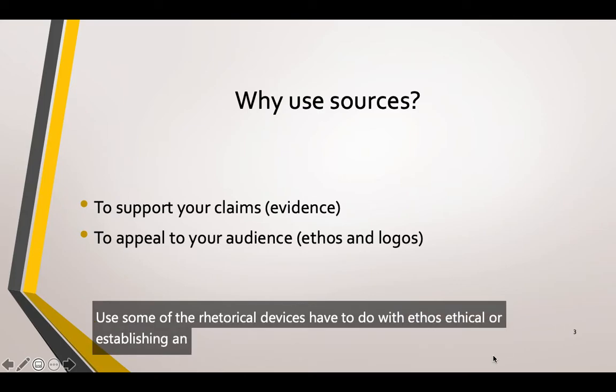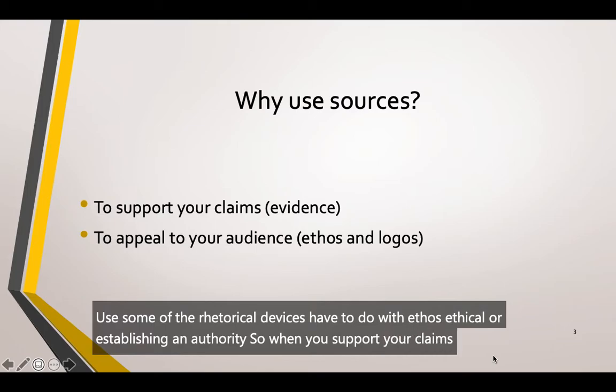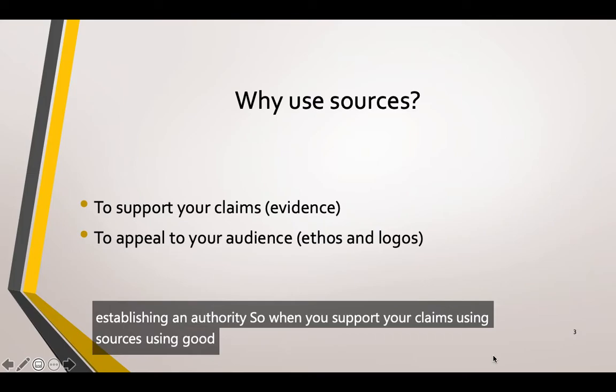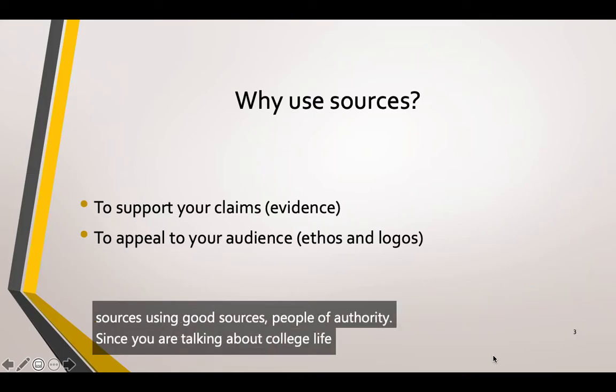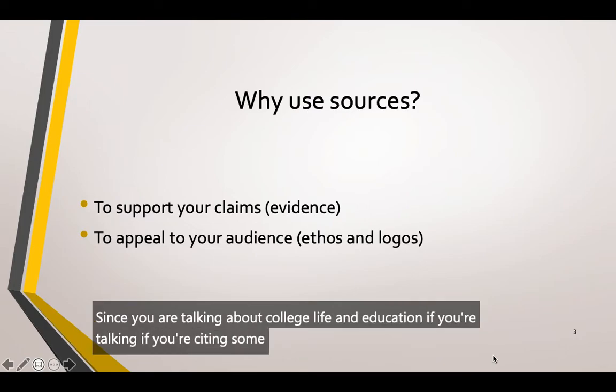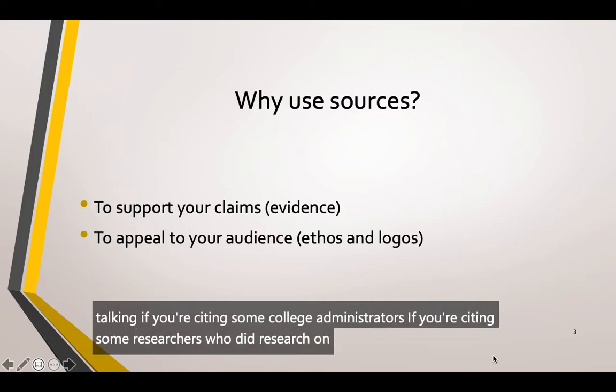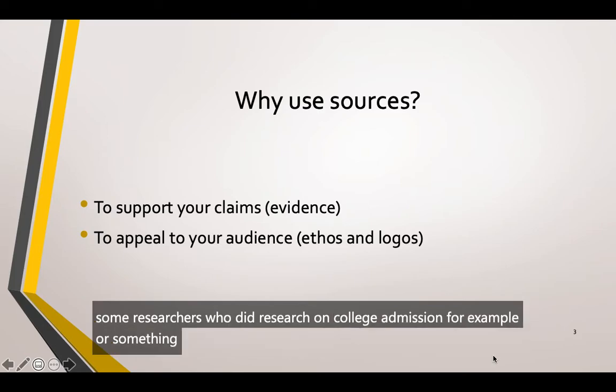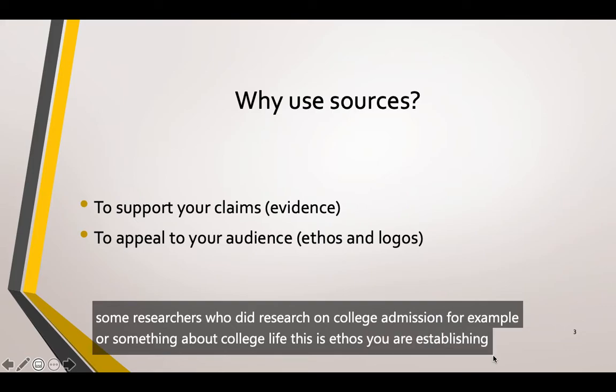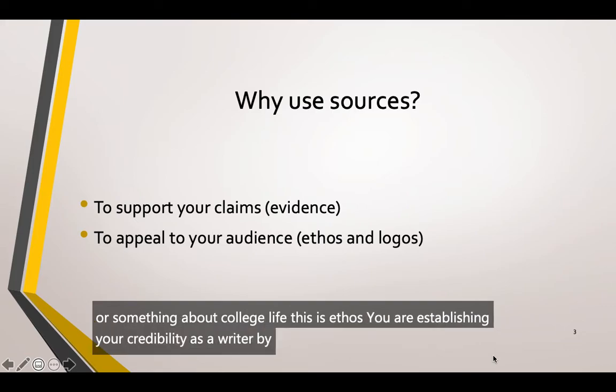So when you support your claims using sources, using good sources, people of authority, since you're talking about college life and education, if you're citing some college administrators, if you're citing some researchers who did research on college admission, for example, or something about college life, this is ethos. You are establishing your credibility as a writer by citing credible and professional people of authority on this topic.